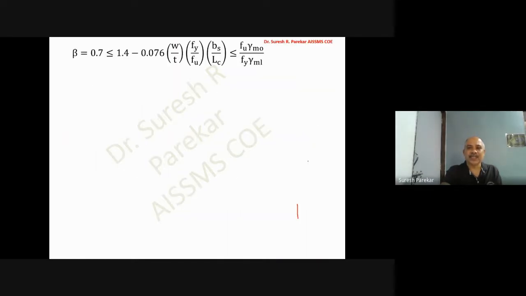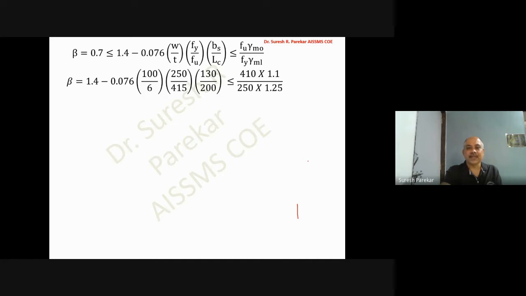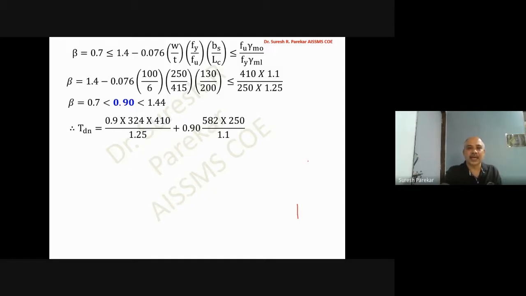Lc we will have the same, and then if we substitute this beta, we will get 0.9. So this value is reduced from 1.06, which is for 100, so this comes to 0.9, and then we get this Tdn value, which will be 214.69 kilonewtons.